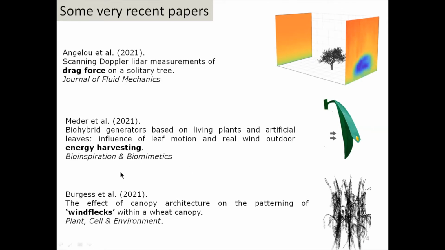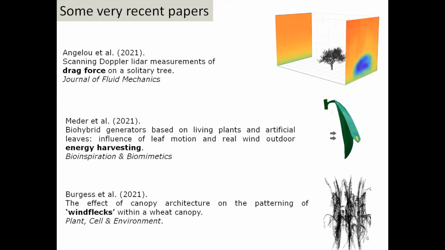Here is a completely different paper, in a journal focused on biomimetics, where people in Switzerland try to design a system that is going to harvest energy from leaf fluttering by making an artificial leaf.